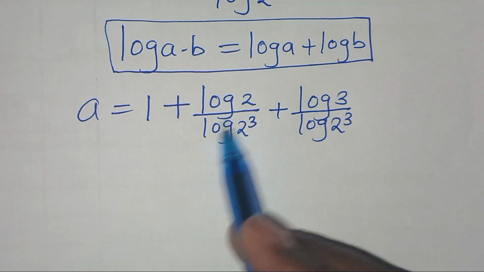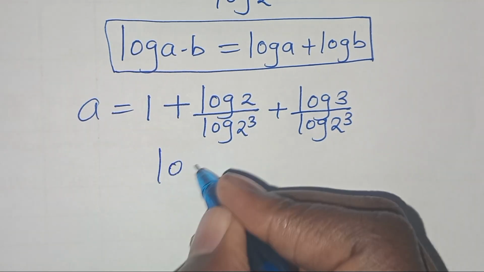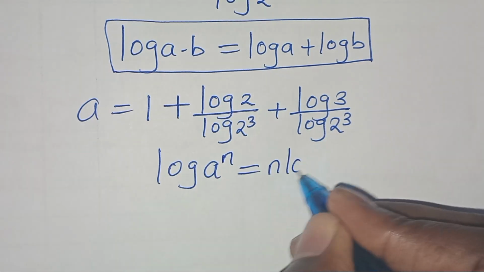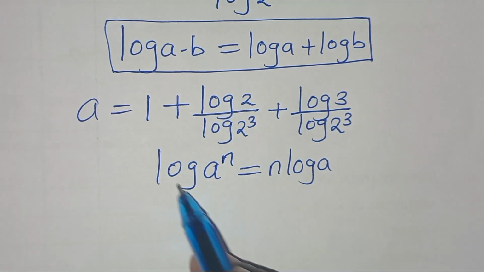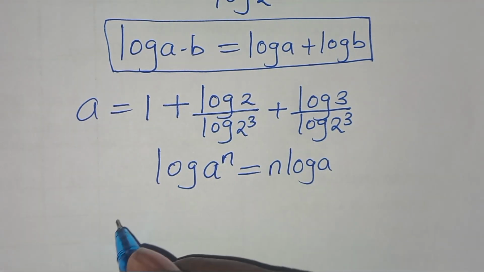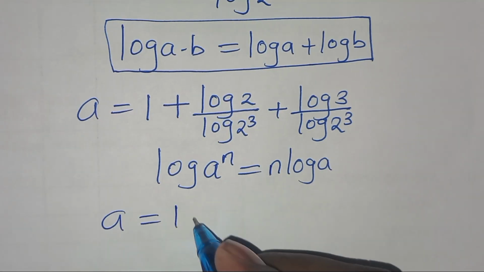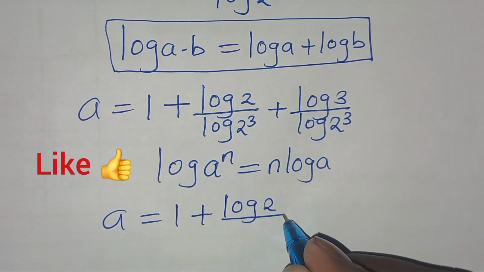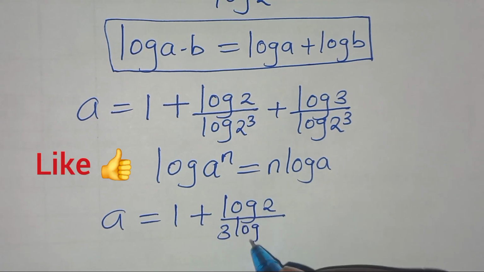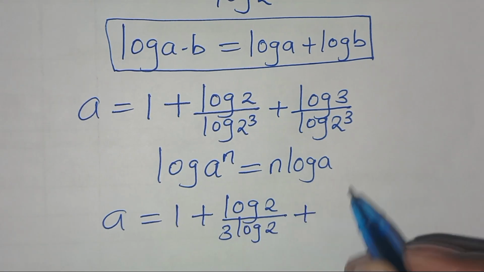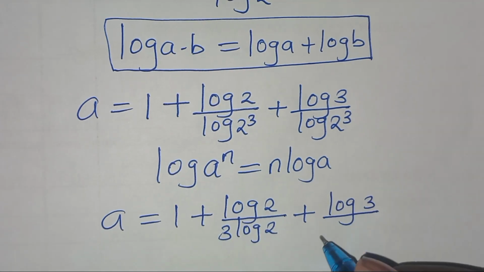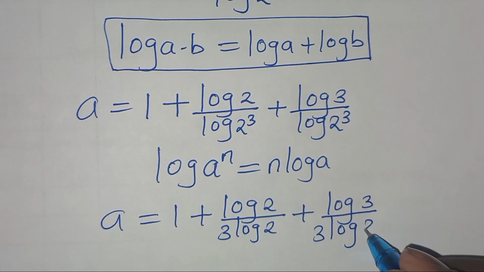Now applying the power rule property, that is log a to the power n, we can express this as n log a. Applying this, a will be equal to 1 plus log 2 divided by 3 log 2 plus log 3 divided by 3 log 2.